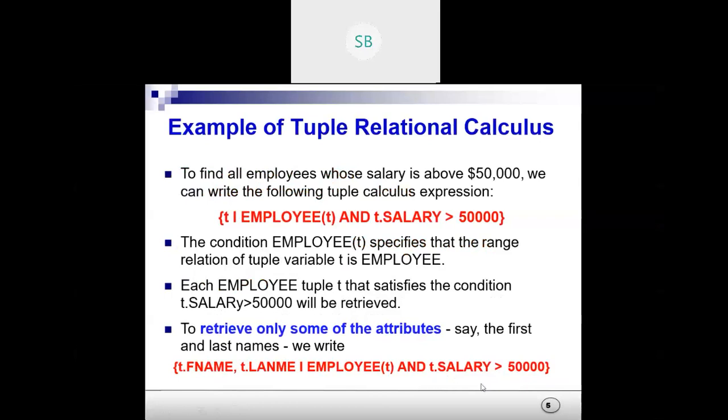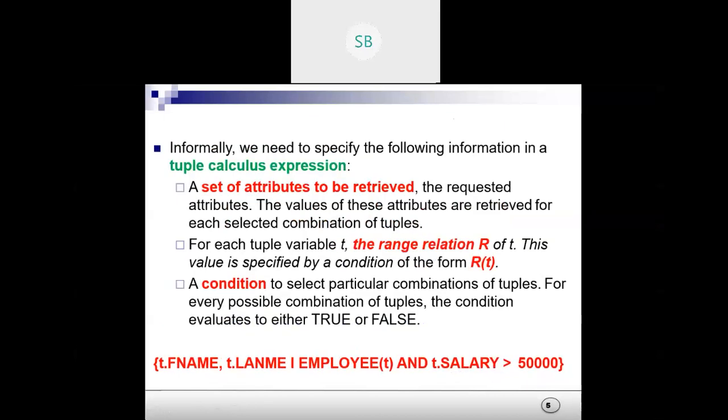The employee whose salary is greater than 50,000, you will display the result, right? So it will be a Boolean expression, like true or false. Okay. So this informally describes the things that are needed: the list of attributes, the range relation, and the condition.